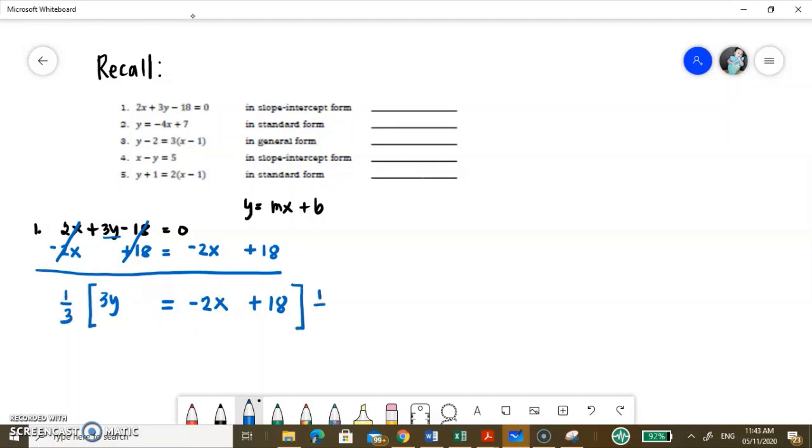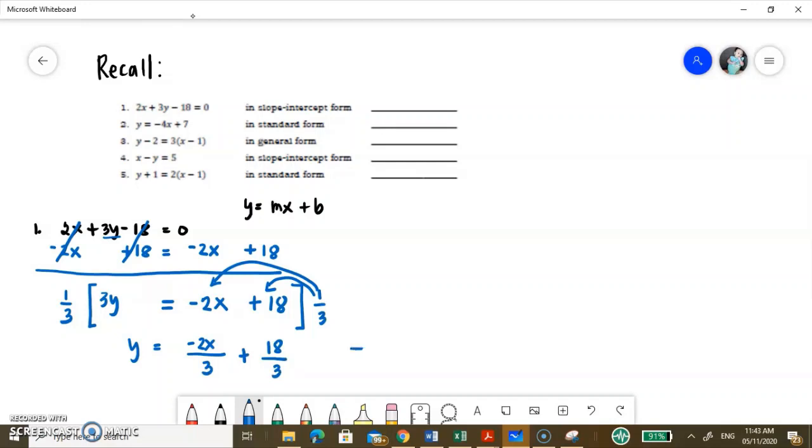So times 1/3 times 1/3, that would be 3 over 3y or y. Then negative 2x times 1/3, to distribute natin yan, diba? Distribute natin. So, that would be negative 2x times 1 lang. So, negative 2x over 3 plus 18 over 3.